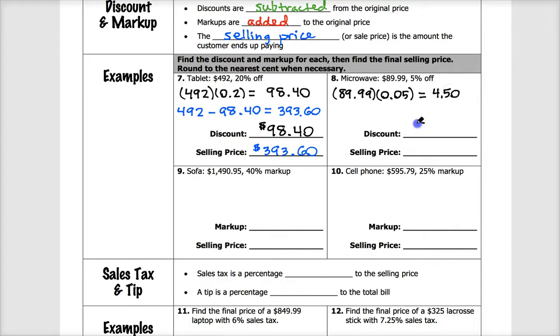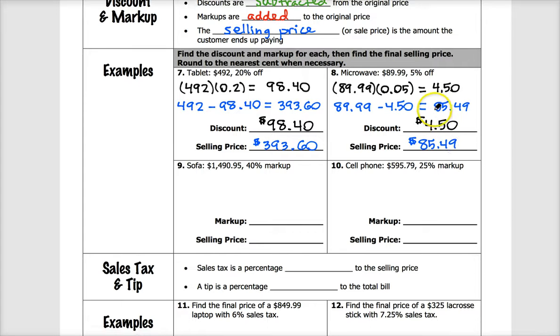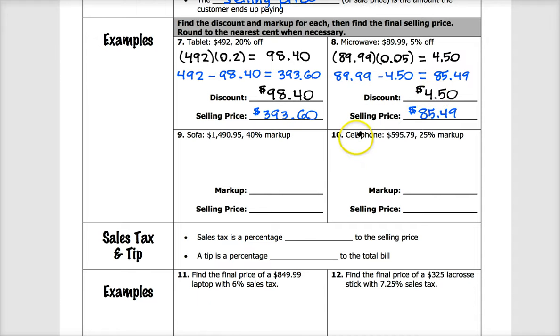So that's the discount amount, $4.50. The selling price would be $89.99 minus $4.50. And that comes out to be 85.49. So the selling price, $85.49.